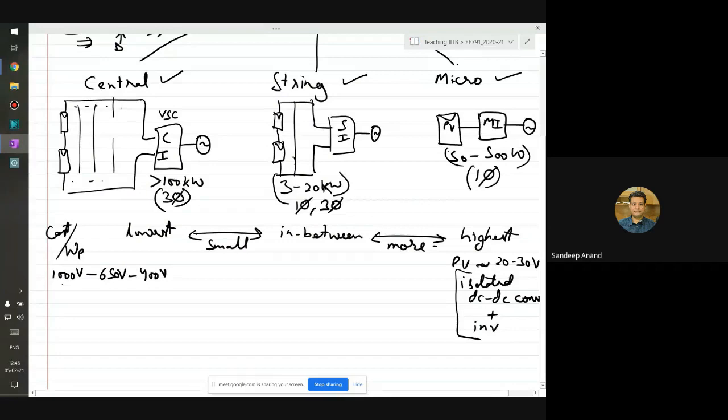But these inverters can go as low as maybe 400 volt or something, roughly, on the DC side. How are they able to achieve this? There are two possibilities. One is that they can certainly use individual boost converters. The other possibility is that, because these are high power systems, they have a transformer installed at the output for isolation, for safety. The transformer turns ratio is usually selected such that even if it is 400 volt here, it could be a lesser voltage on the other side, and thus you can go to a voltage as low as 400 volt. Both possibilities exist.